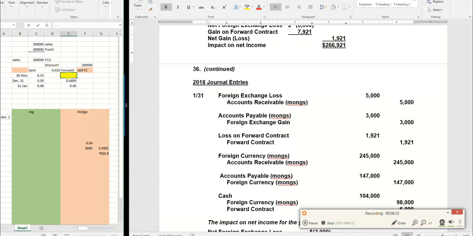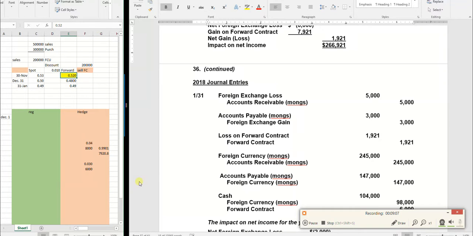Now I could sell it for 0.49. I would rather sell it for 0.52, so I'm better off. But now I'm only better off by 0.03 instead of 0.04. So I need the 0.03 times the 200,000 that I've hedged. A lot of numbers going in here. And so notice it's still an asset because I'd rather sell it for 0.52.